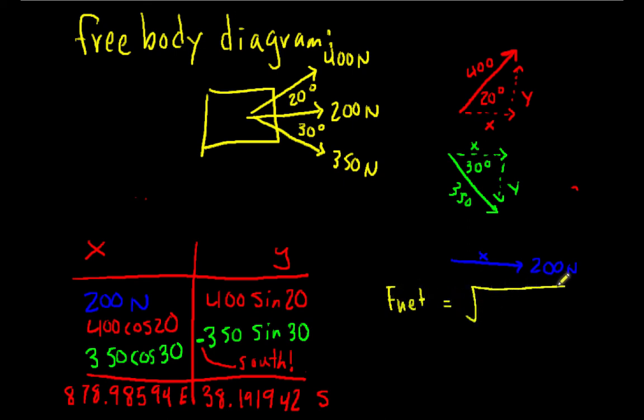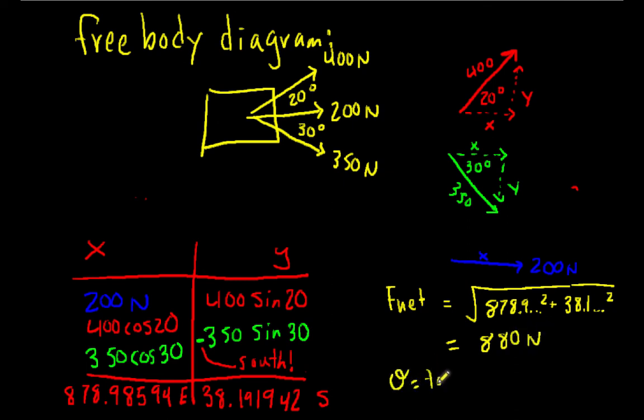The magnitude of F net is found by x squared plus y squared, square rooted. To calculate this, we put our total x and our total y in: 878.98594 squared plus 38.19194 squared gives us a magnitude of F net of 880 newtons.